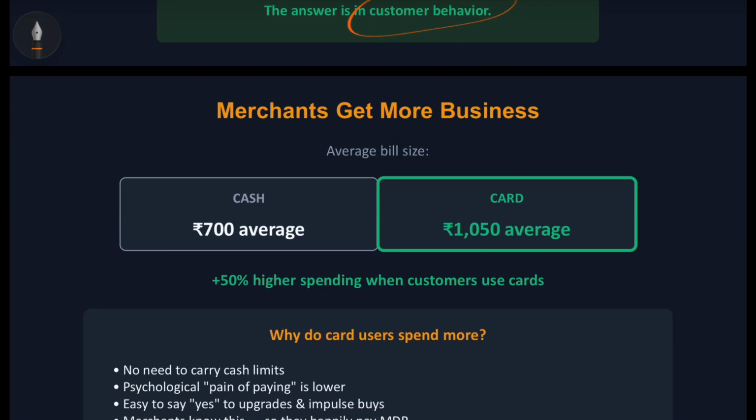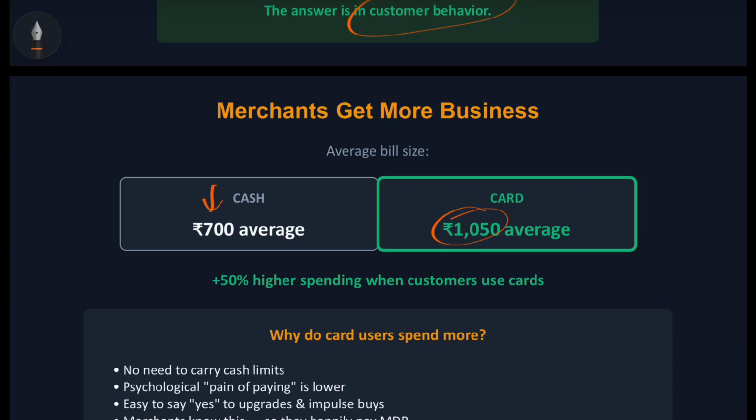What merchants often realized and experienced was that whenever a customer walked in who was willing to give cash payments, the average bill size was around 700. But that was not the case with the card. The average bill size was 1050 on average, which is approximately 50% higher spending when they are using a card.